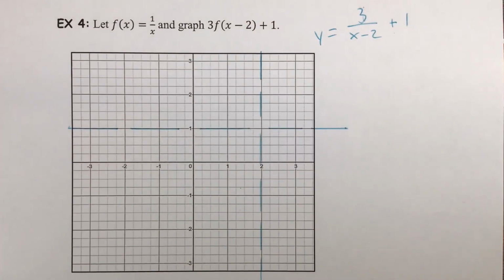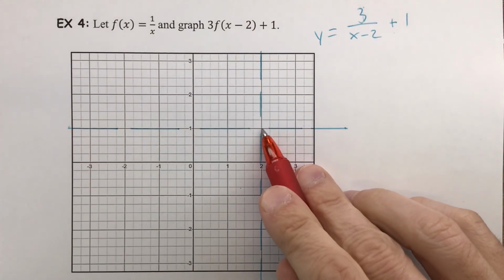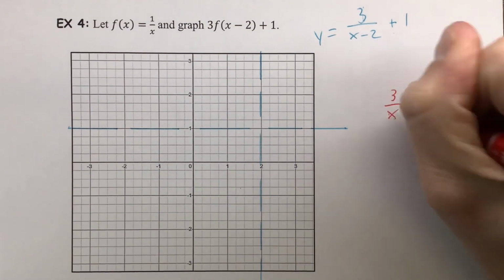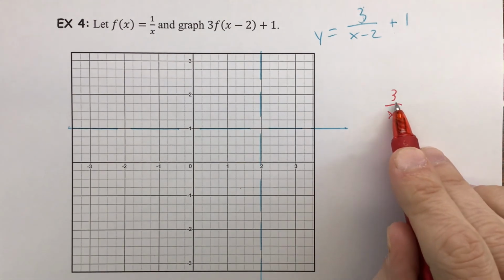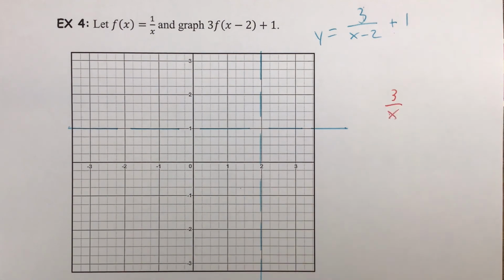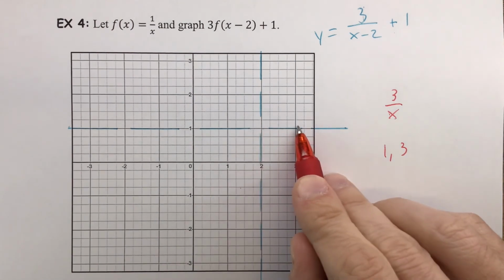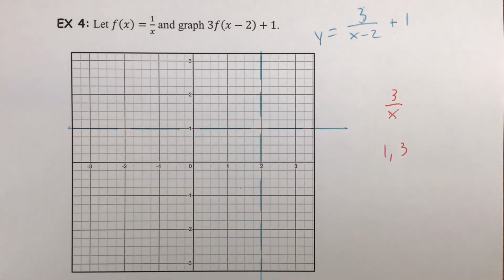All right, so for the most part, just go ahead and pretend that this would be the origin and that we had the function 3 over x, okay, because we already dealt with the minus 2 and the plus 1. Okay, so then from here, we should think about the factors that go into 3, which is really just 1 and 3. So those numbers will build combinations of coordinates that we could plot. From here, we can go over 1 and up 3, which doesn't actually fit on my graph.